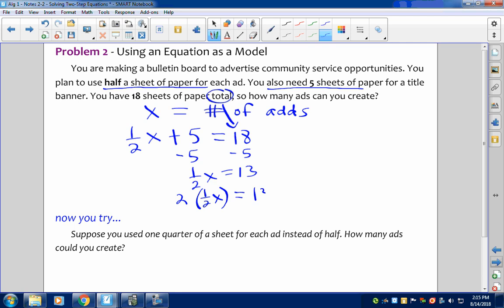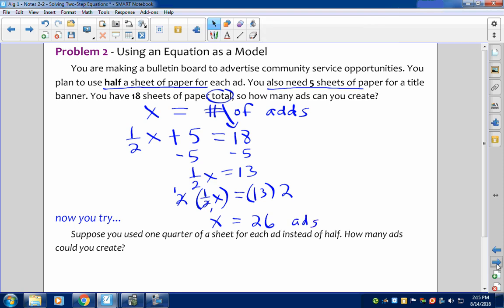Take the 13, parentheses around it, also multiply it by 2. And 1/2 and 2 cancel out to equal 1. So I have x equals 26. So that would be 26 ads.